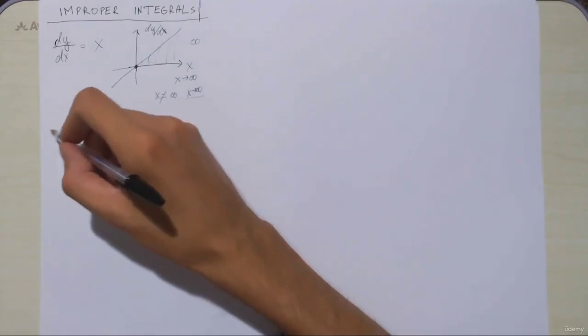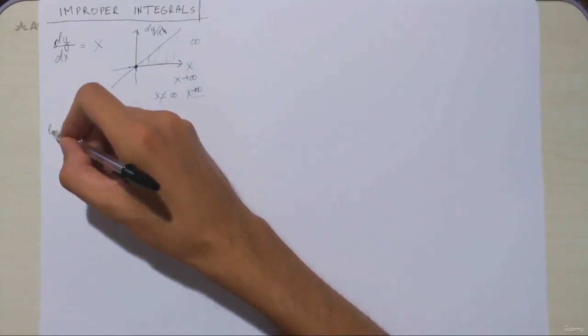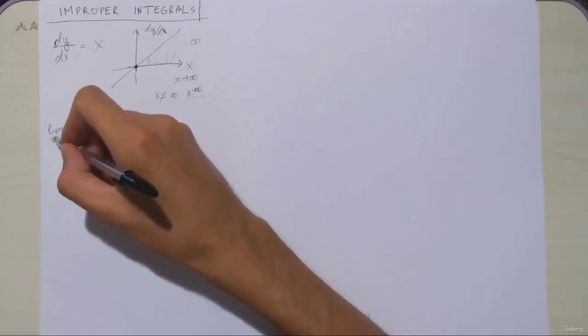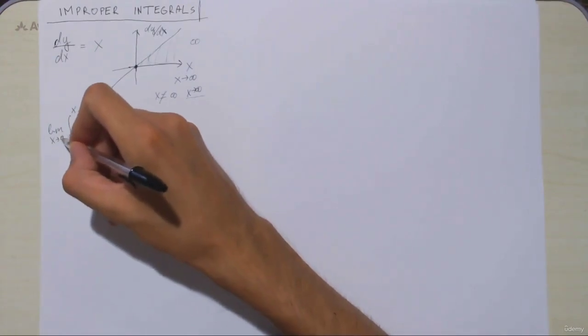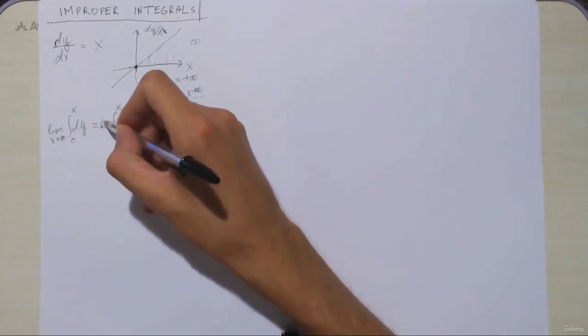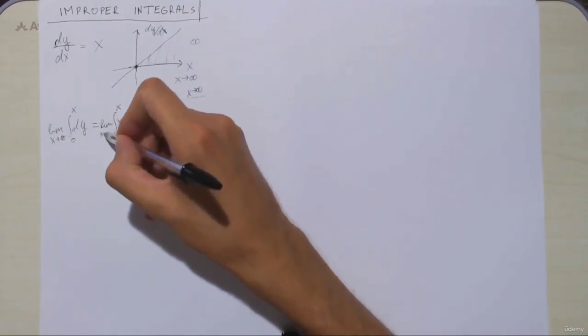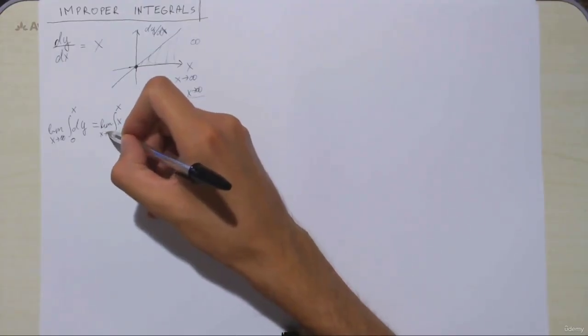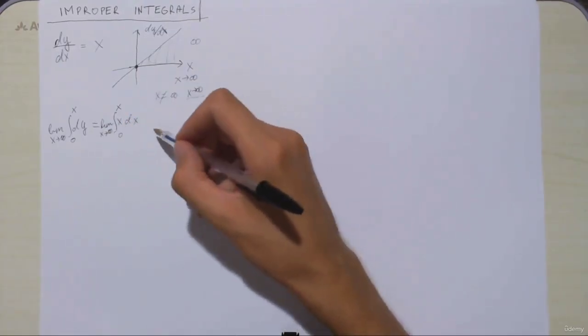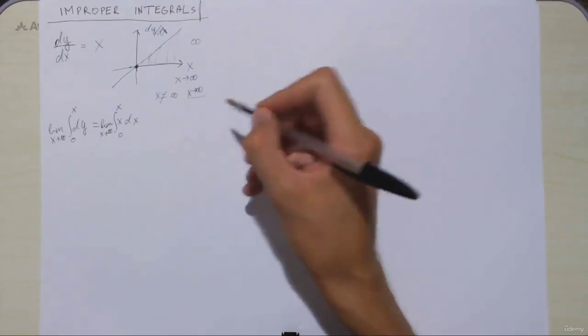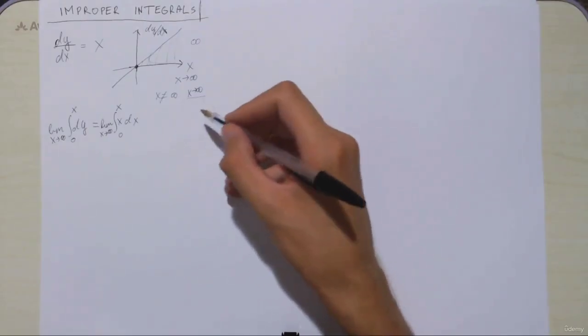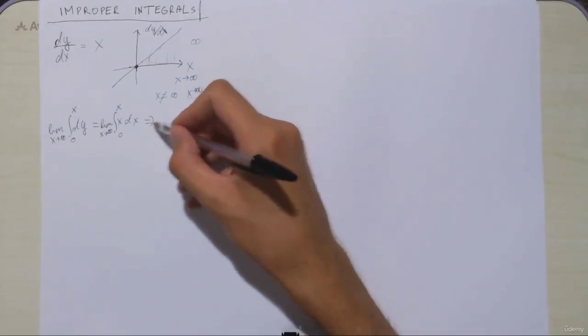And then we would put a limit here, limit as x approaches infinity, and here as well, limit as x approaches infinity. And then you would simply calculate the integral.